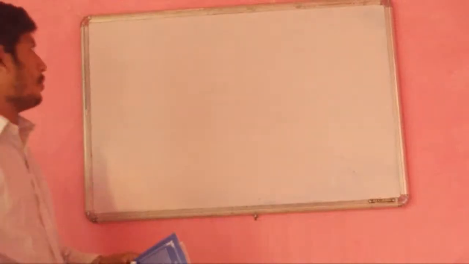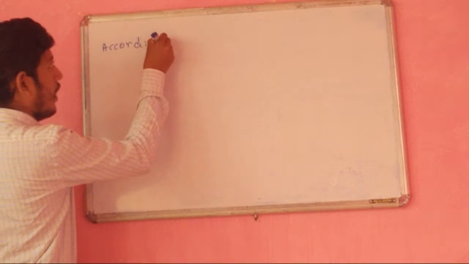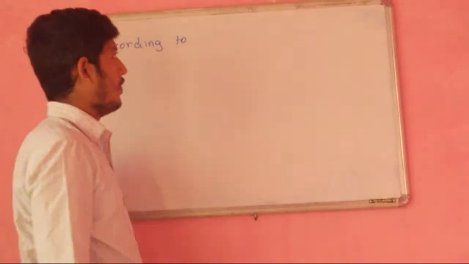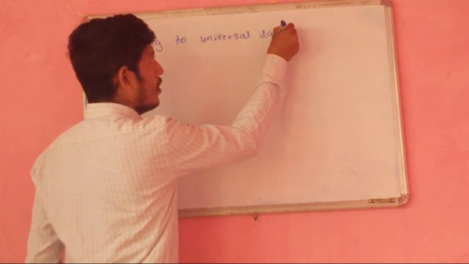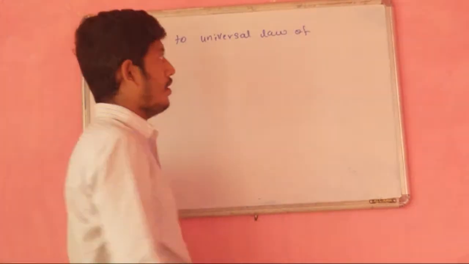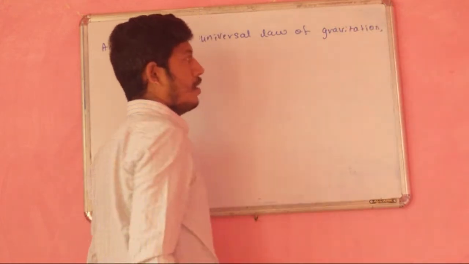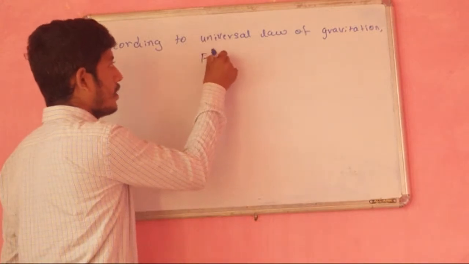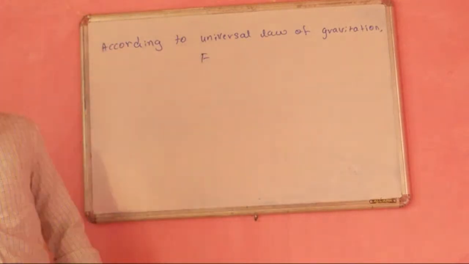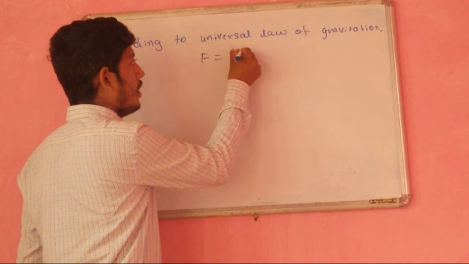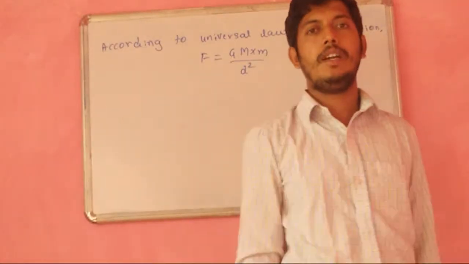I'll use the statement. According to universal law of gravitation, F is equal to G into m m divided by d square.